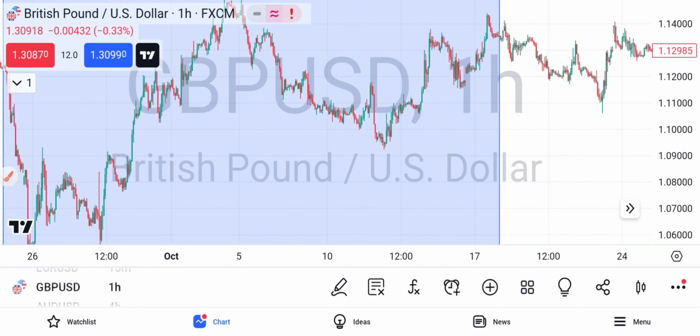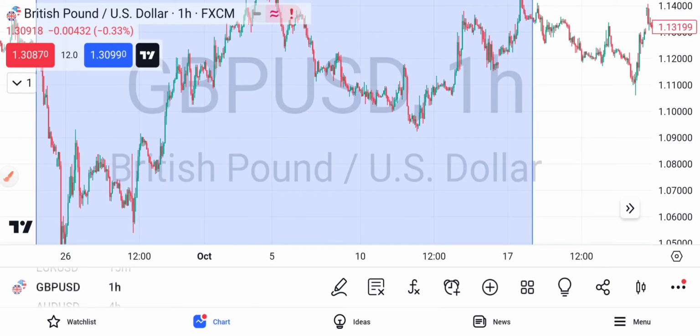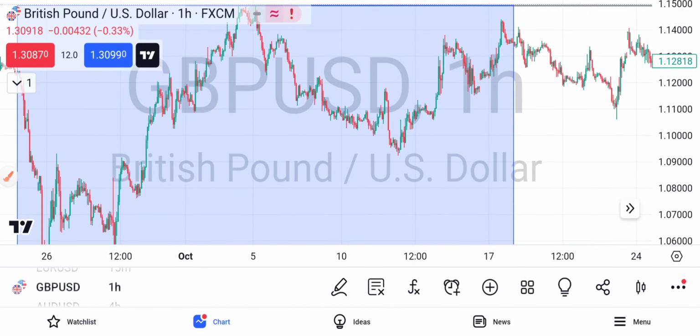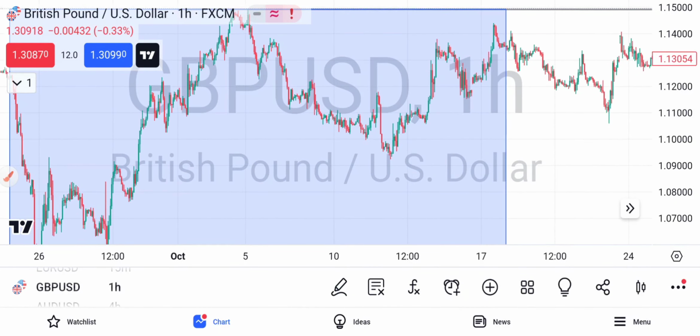So it's doing it in two ways. Try to take these people out and trick them that this price is now going lower.